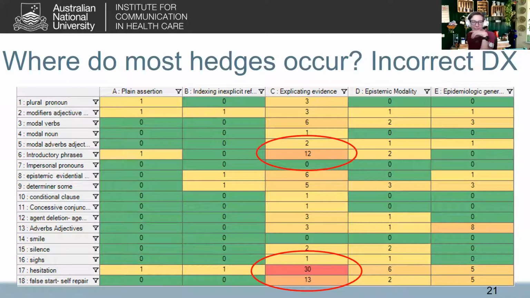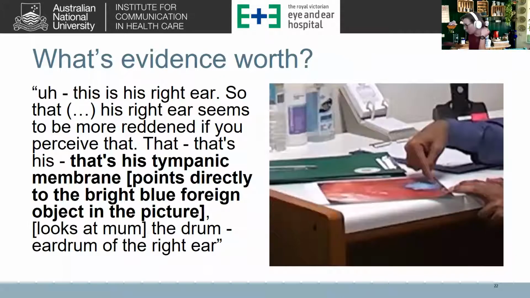Explicating evidence is our evidentialized diagnostic statements, and that's where most of these hedges, hesitations and false starts occurred. That makes you wonder what evidence is really worth in a diagnosis. The best example I have is this person pointing at the foreign object, saying that's his tympanic membrane, pointing directly at the bright blue foreign object in the picture. So he's using evidence while giving the wrong diagnosis.